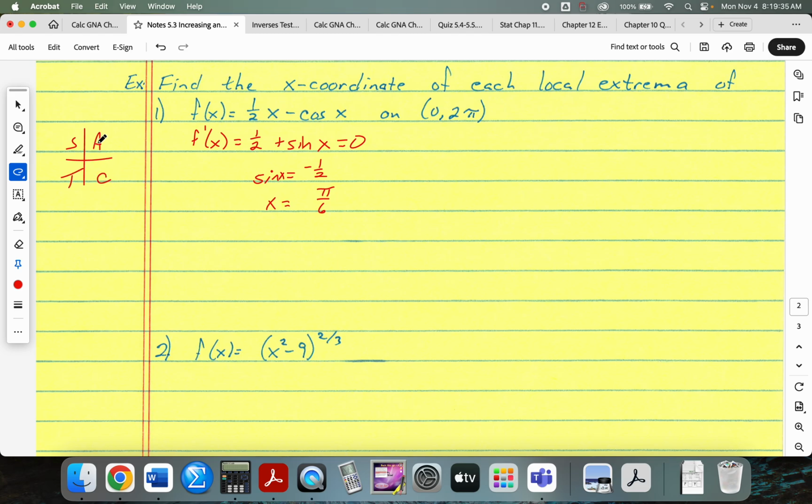So sine is positive in the first and second quadrant, so it's negative in the third and fourth. So this is going to be 7 pi over 6. Or, over here, not quite 2 pi, x equals 11 pi over 6.